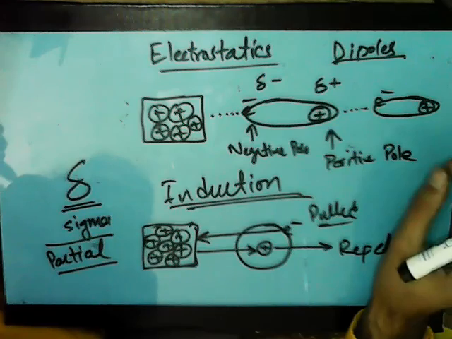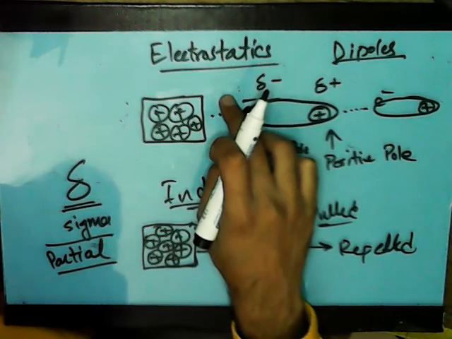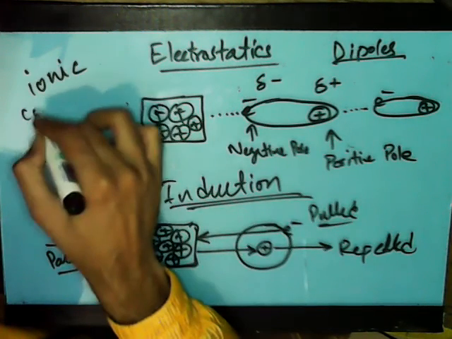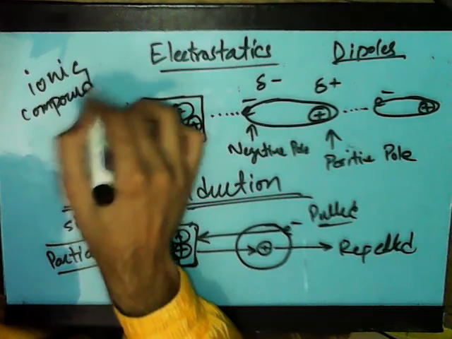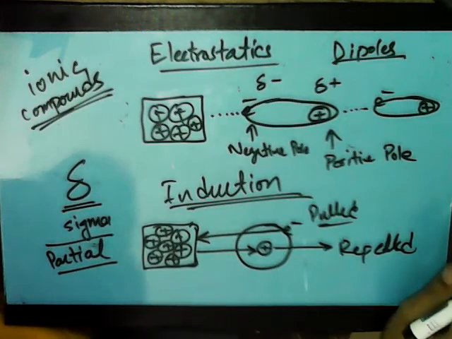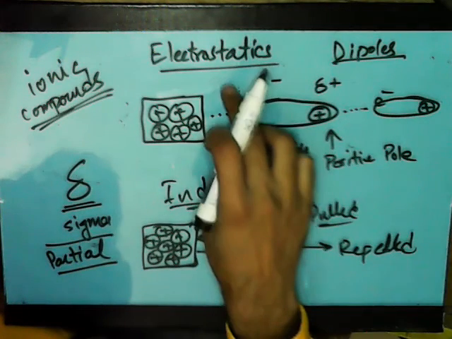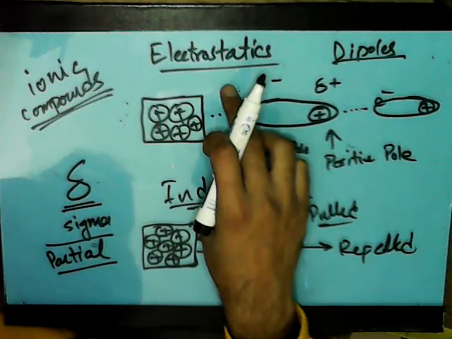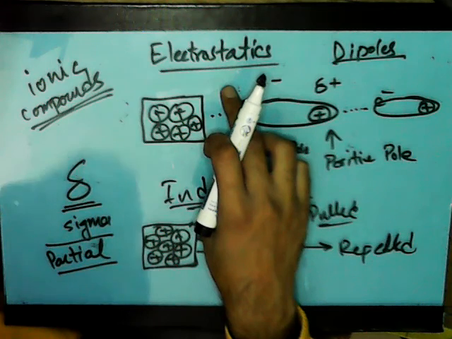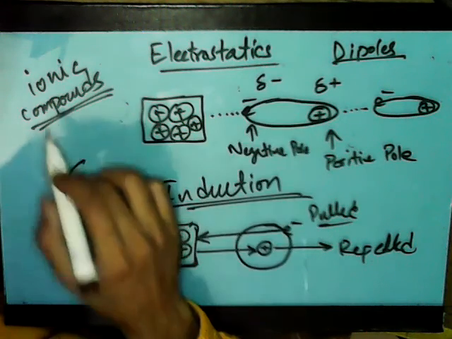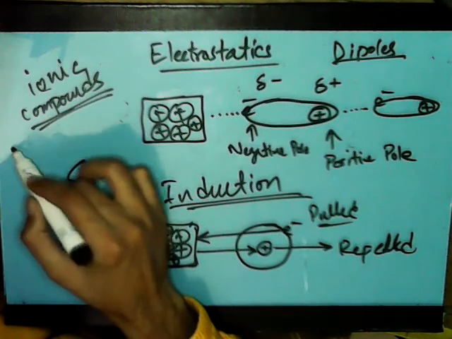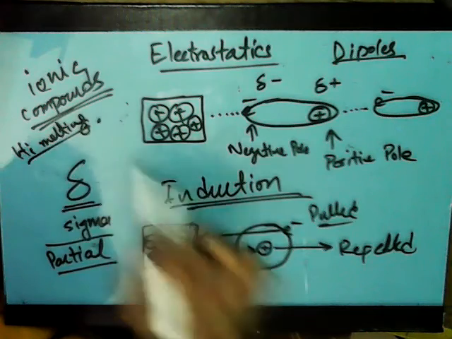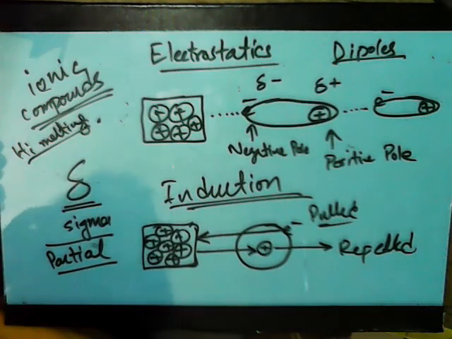A very strong function of electrostatic force can be found in what we call ionic compounds. Ionic compounds are made up of electrostatic particles, and the force of attraction or repulsion is so massive that ionic compounds are usually known for high melting points, at times even higher than those of metals, which are very dense.